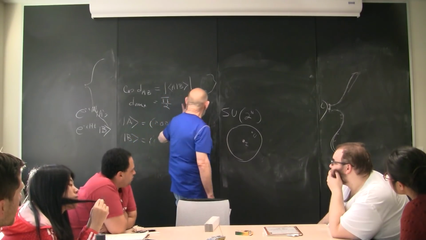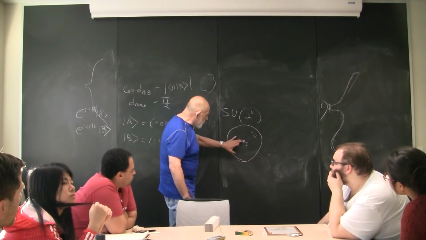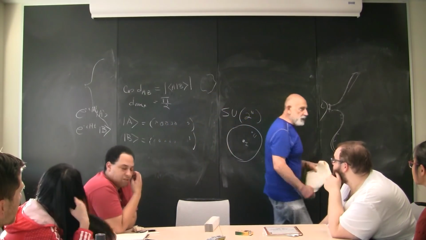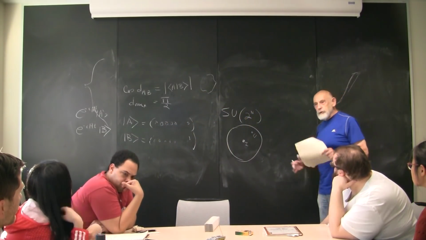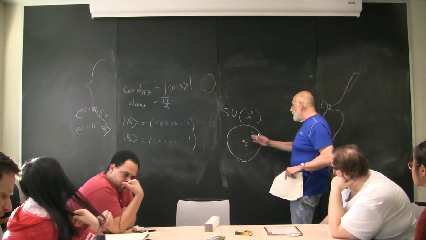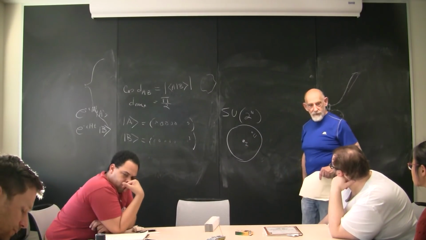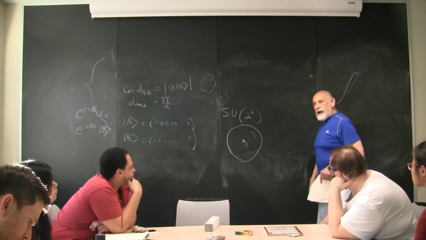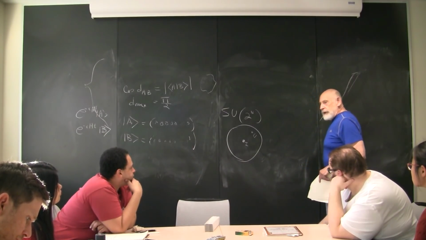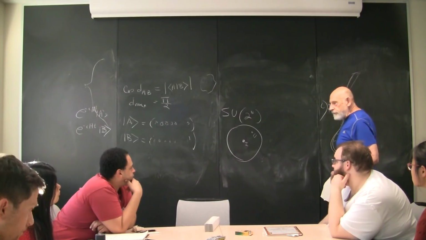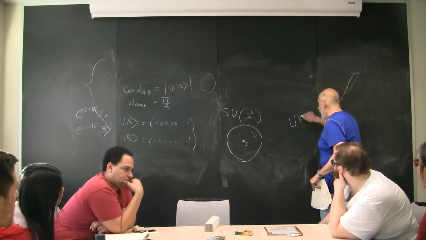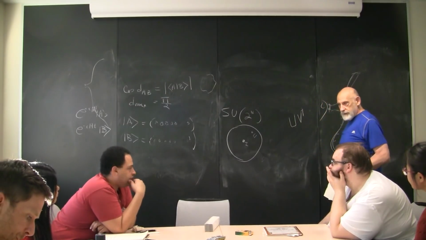On the other hand, if I use complexity distance, what would be the relative complexity between two unitaries? I don't want to define the absolute complexity as the complexity relative to the unit operator. Supposing I had U and V, how would I define the relative complexity of U and V? It would be the absolute complexity of U V dagger.